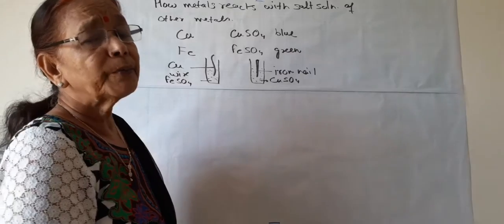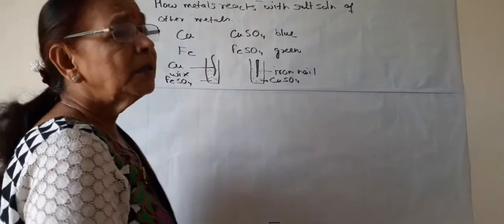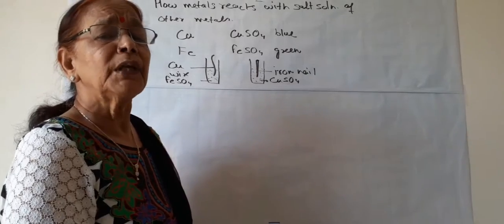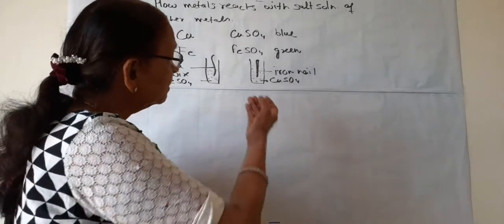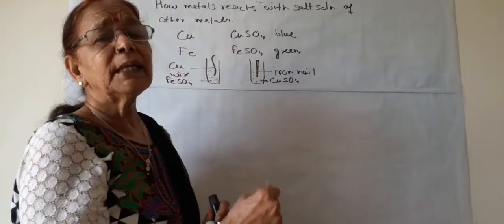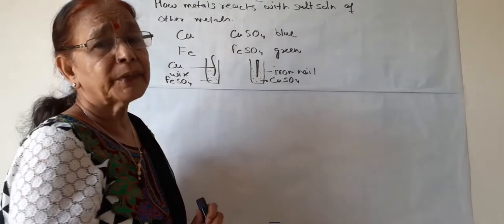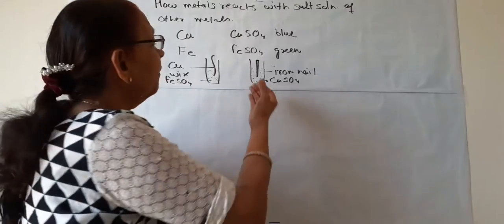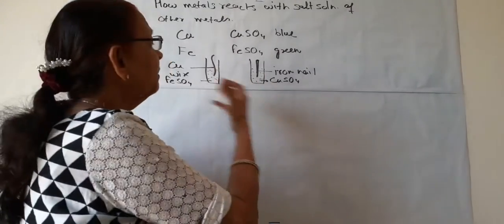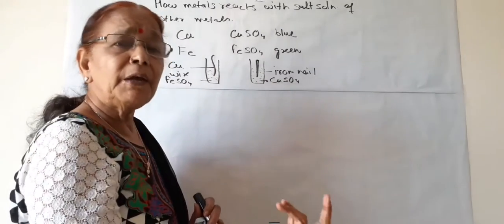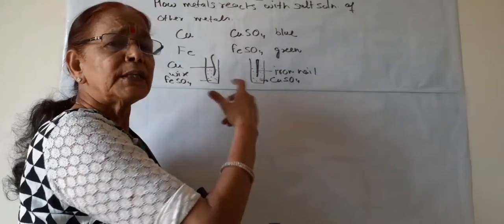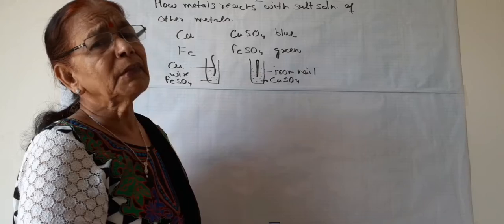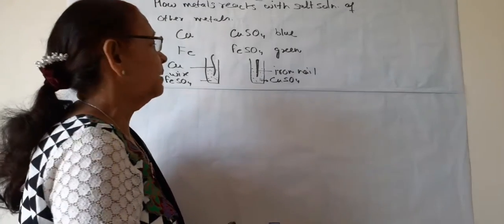All of us know, to observe a chemical reaction, we have 2, 3, 4 criteria. First, there can be a change in color. A precipitate can be formed. Some gas can be evolved. Some temperature can be changed. If one or two changes are there, we can say that a chemical reaction has taken place.